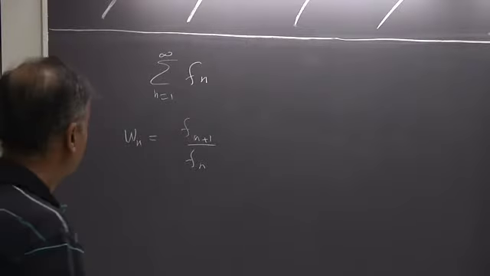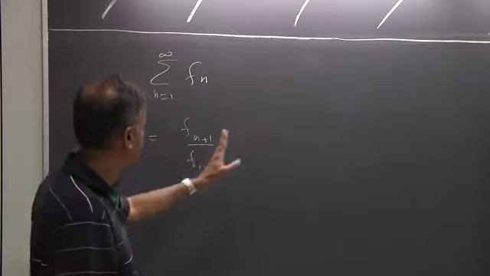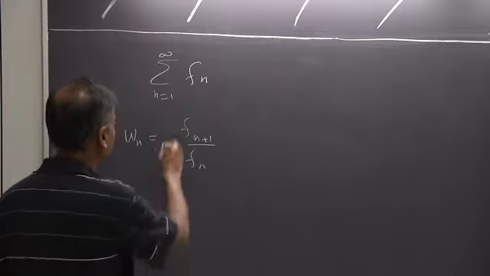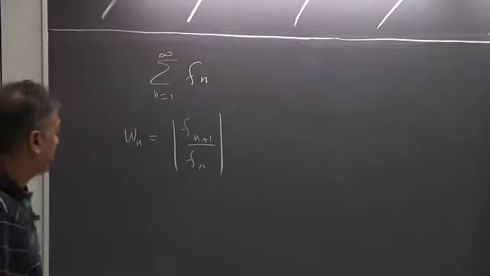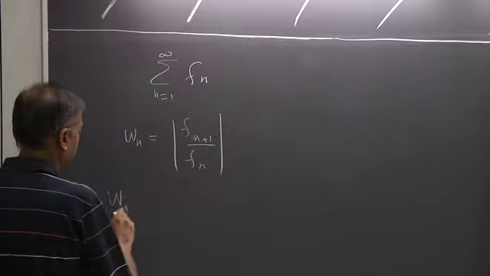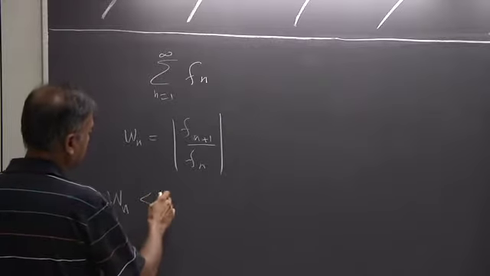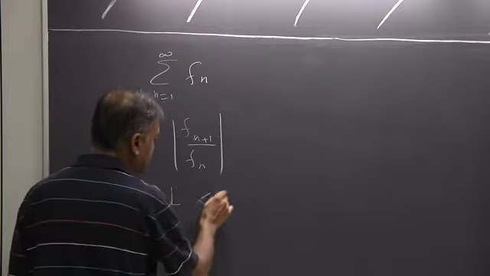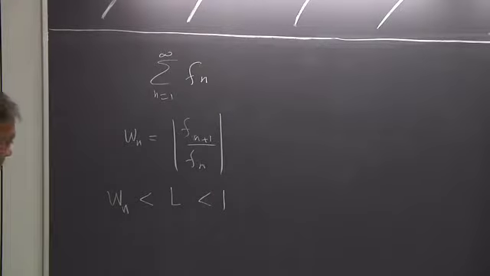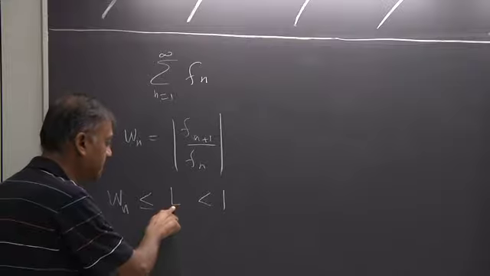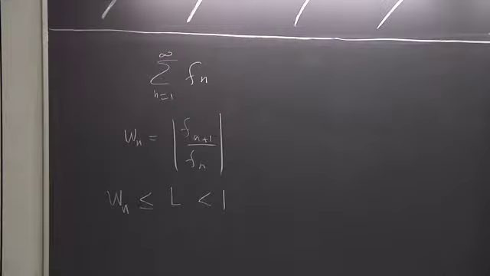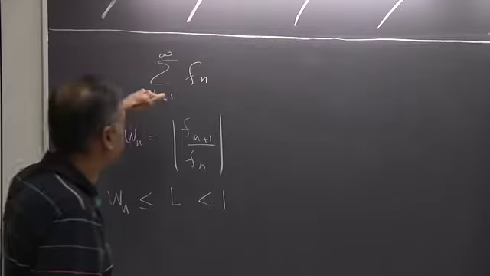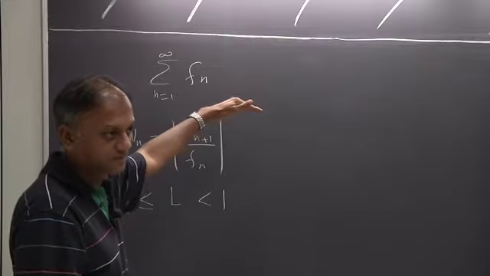So, assuming that none of these Fn's are 0, you can construct this object. And if Wn is less than or equal to some number L, which is strictly less than 1, then it means that this series is convergent.